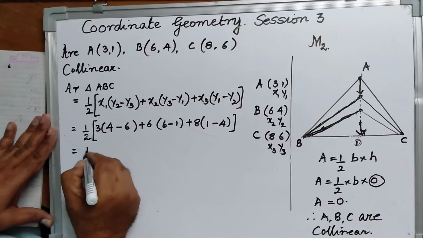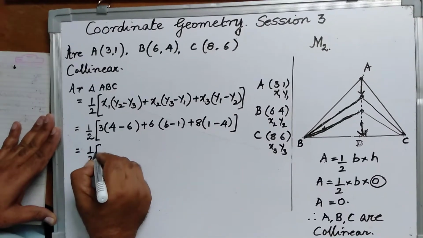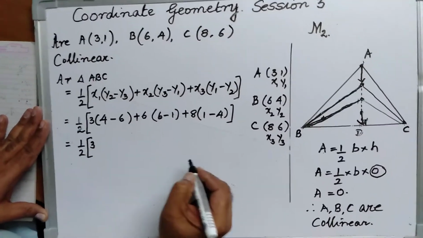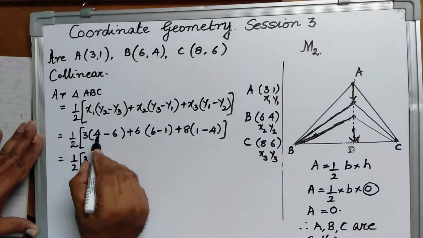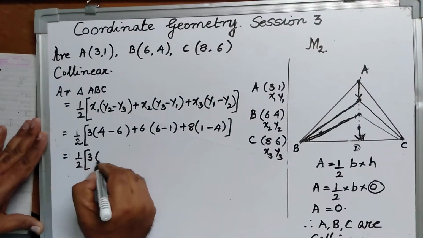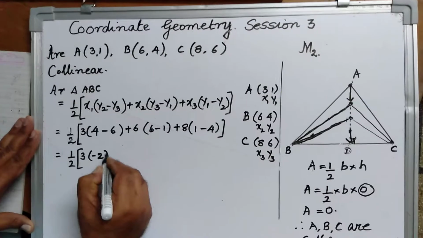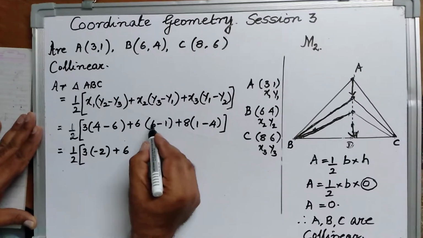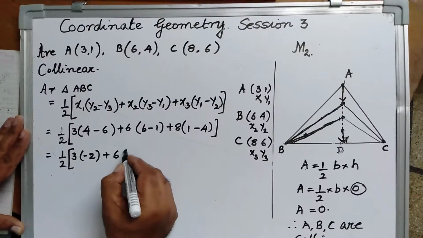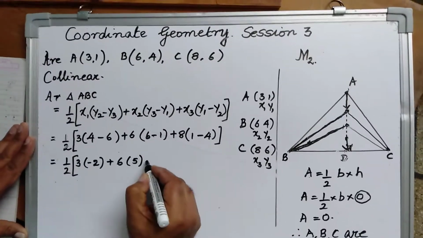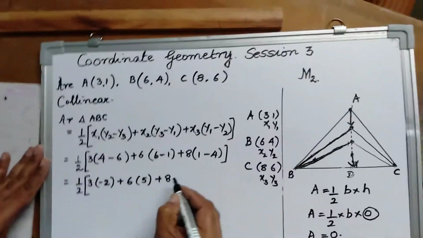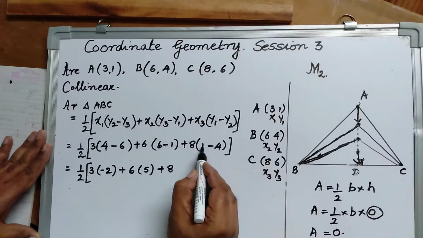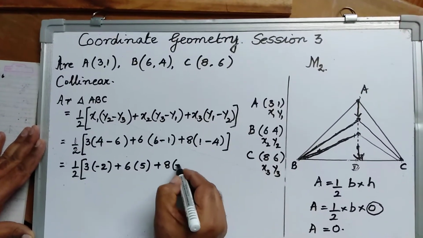That gives me half into 3 is retained as it is, 4 minus 6 is minus 2, plus 6 is retained as it is, 6 minus 1 is 5, plus 8 into 1 minus 4 is minus 3.